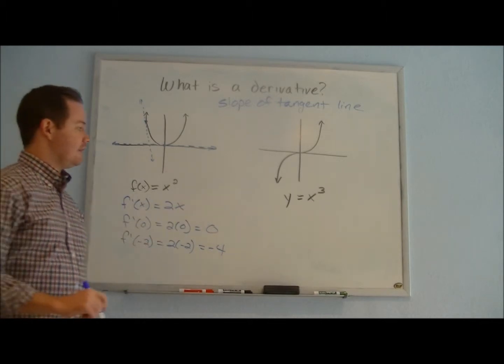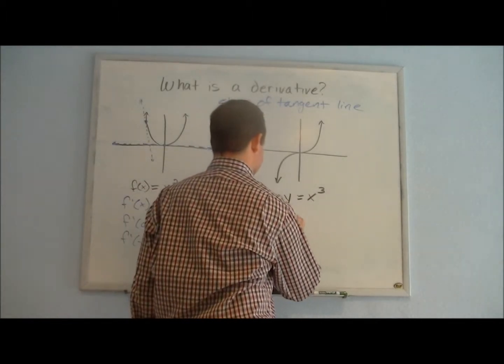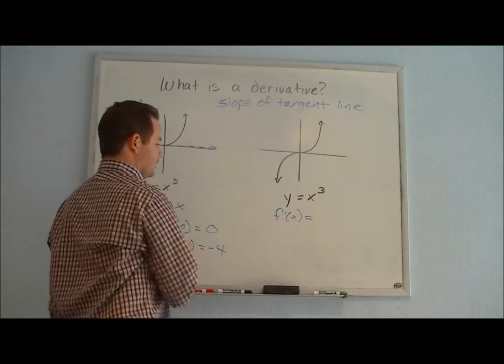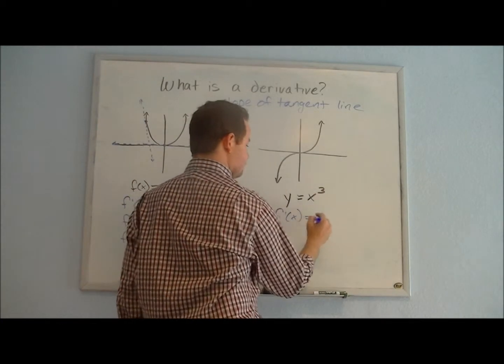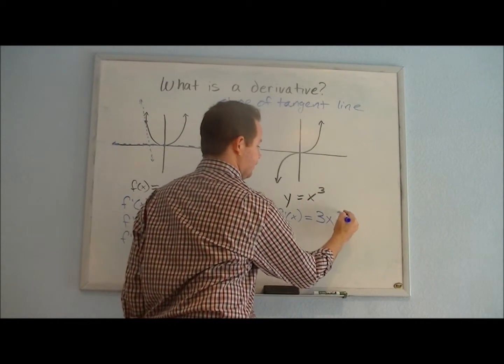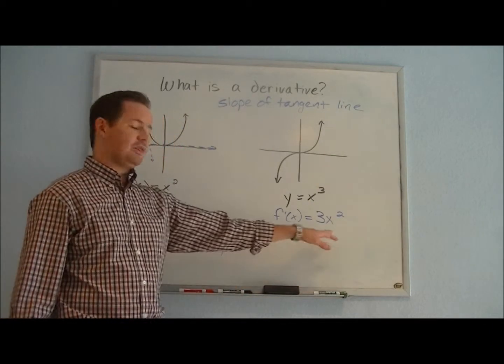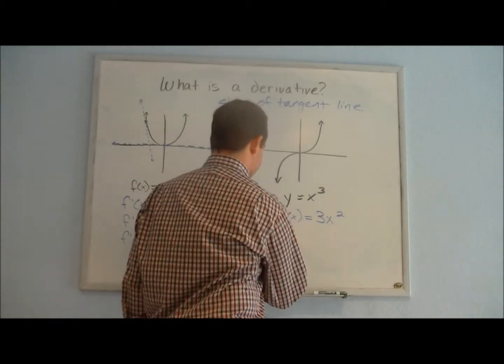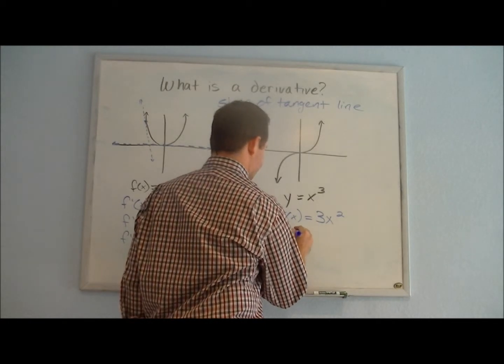Let's take a look at this one, and let's practice applying power rule one more time. So the derivative of this function: 3 times 1 is 3 for our coefficient, and then we subtract 1 from our exponent on the variable, so that would be 3x squared. If we look, let's say I plug in a -1 here.